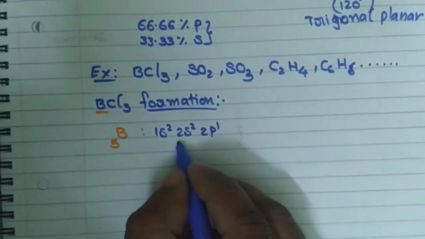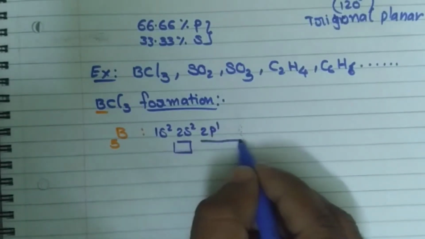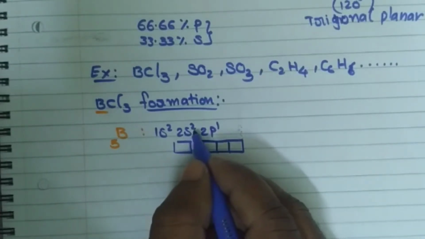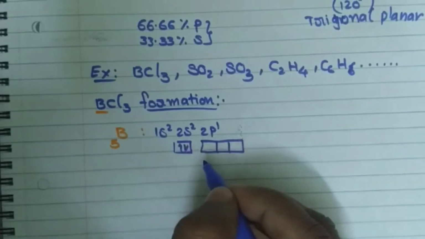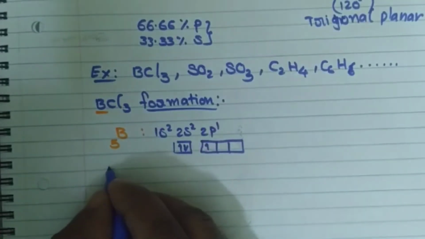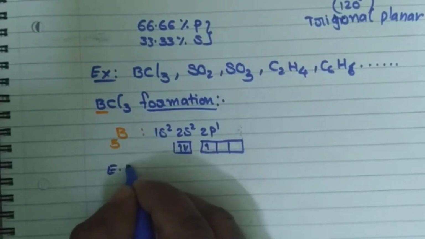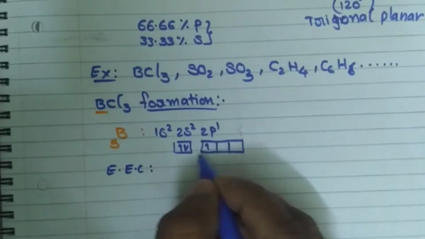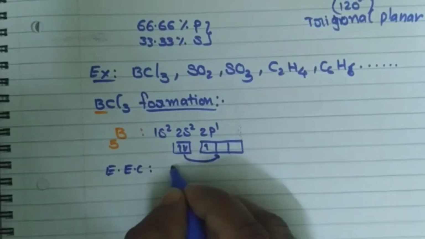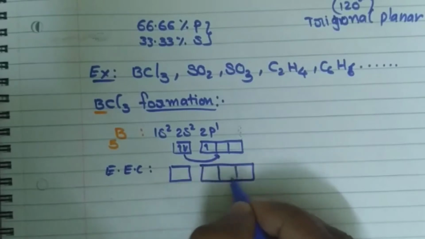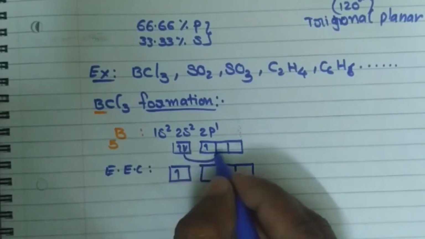When you write the orbital form, you can draw it like this: the 2s orbital having 2 electrons, and one more electron in 2p. In the excited electronic configuration, one electron is shifted from 2s to 2p, and the orbital form can be drawn like this.